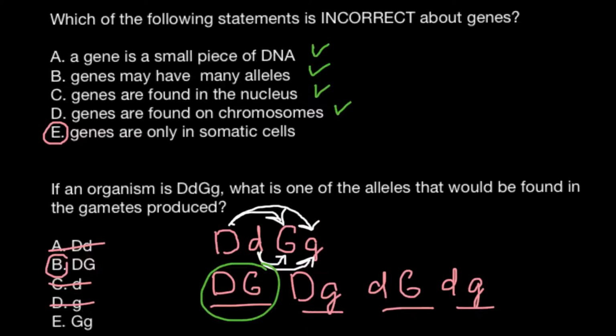So we can cross out this answer also, because in the gametes we should see at least one allele per each allelic pair. So one of these two and one of these two. This gives us 4 different variants, and as you see, answer B is the only correct answer here.